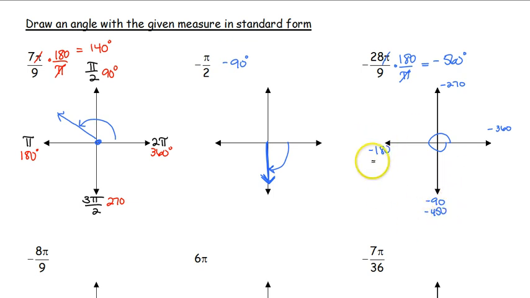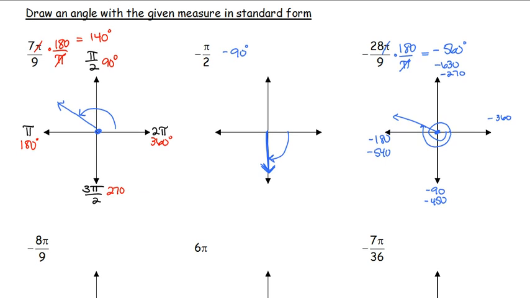Another 90 would be negative 540. And then another negative 90 would be a negative 630. And now we can see that our negative 560 degree is going to be slightly past here and probably ending up right about there.